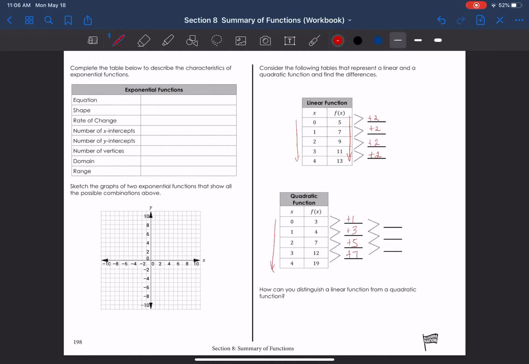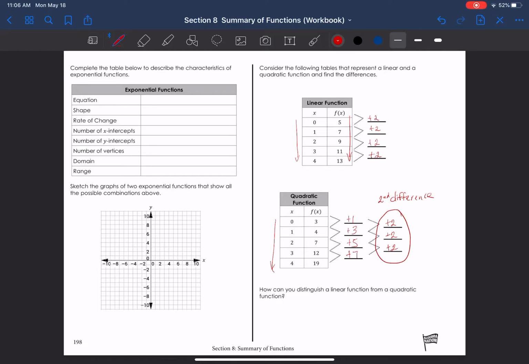So we notice that those are not the same. But if you go to the second difference, 1 to 3 is plus 2, 3 to 5 is plus 2, and 5 to 7 is plus 2. So the second difference right here will be the same in quadratic functions.